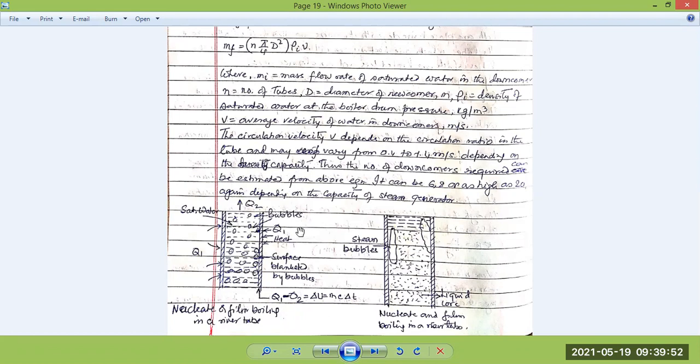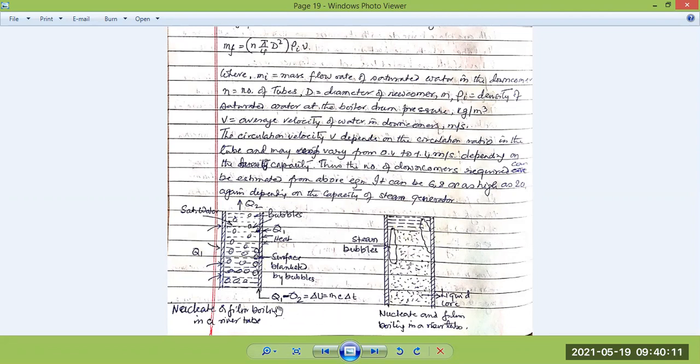Q is the amount of heat flowing from the furnace through the wall of the riser into this water-vapor mixture, and the surface is blanketed by the bubbles. In the full circuit, it is totally blanketed, meaning covered by the steam bubbles.